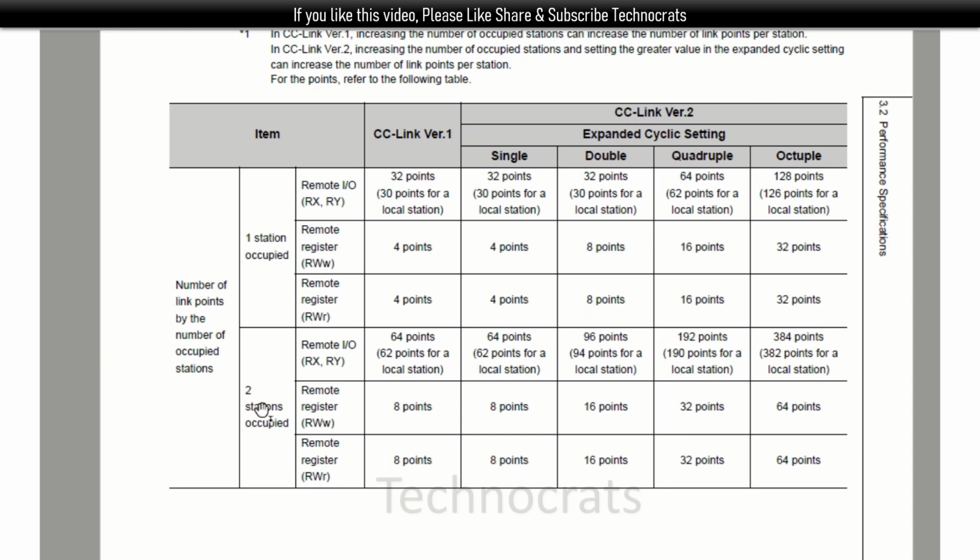Similarly, for two stations, occupied station 2 and single cyclic setting, we will be having 64 points for Rx Ry, 8 points for read registers and 8 points for the write registers.